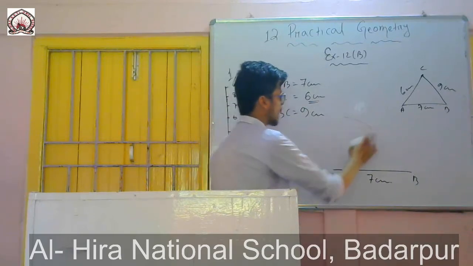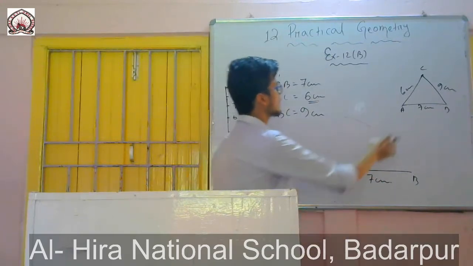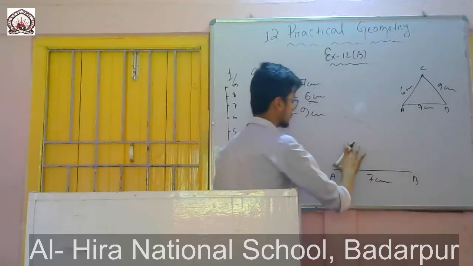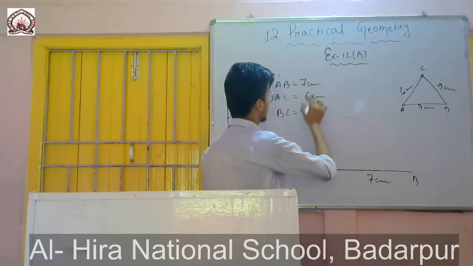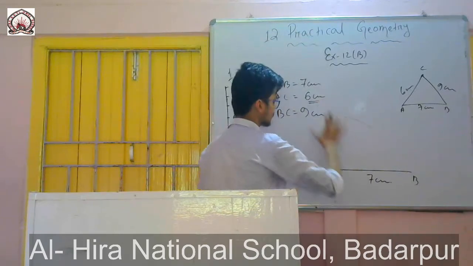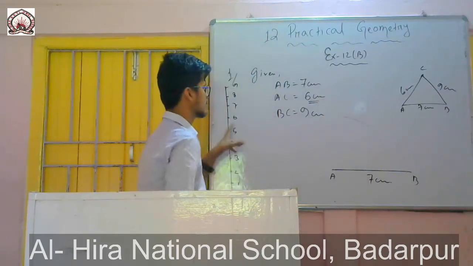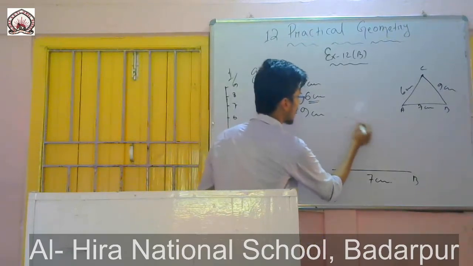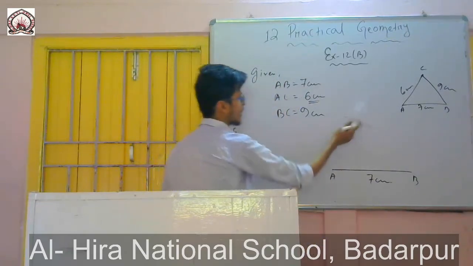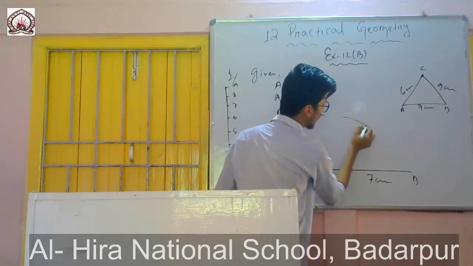So this will be the arc. First we took the point A, and to draw AC I took the radius of 6 centimeters and gave an arc like this. So this is one arc.